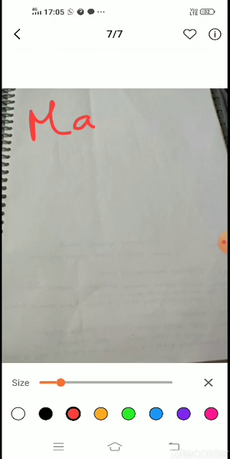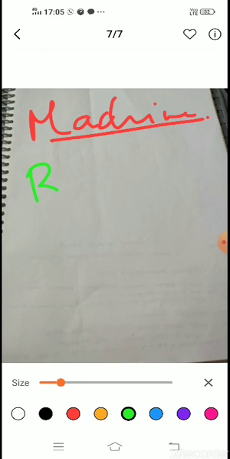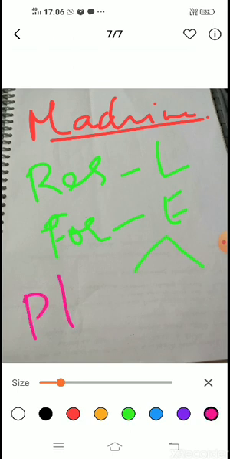The definition of machine can be written in this way: the resistive force is your load, and the small force which I'm applying is called my effort. This effort can be applied at a convenient point and in a convenient direction. This is your definition of a machine.